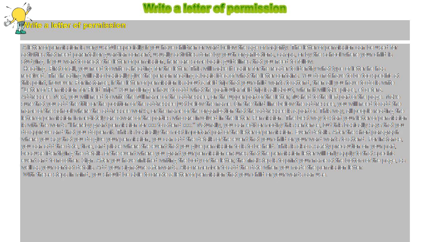Event details. After the short paragraph where you say that you do give your permission, you can add the details of the event that your child or your ward wants to attend. For instance, you can add the date, time, and place where the event that you give permission to is to be held.